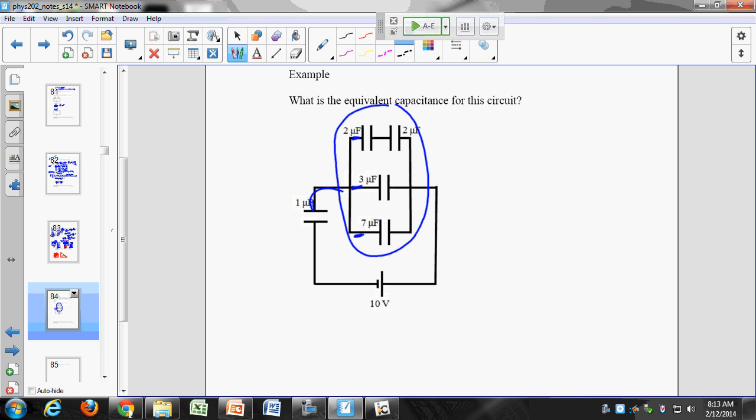So you can start with one part first. You have parallel first and then go to the series? No, the first thing that you do, that Limping said, anybody else catch it? What is it that we do first?